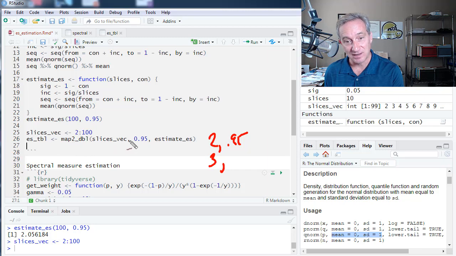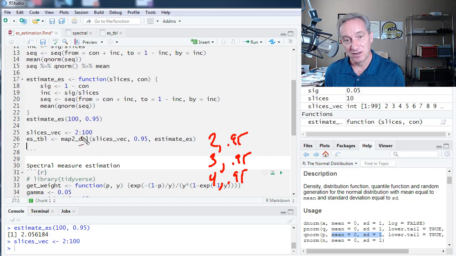See, it's map2, because there are 2 arguments. I'm calling the function with the 2 arguments repeatedly. Although this is a vector and this is just a scalar, so it recycles the 0.95 this way. So it'll call estimate expected shortfall again, and then it'll call it again with 4 and the same 0.95.